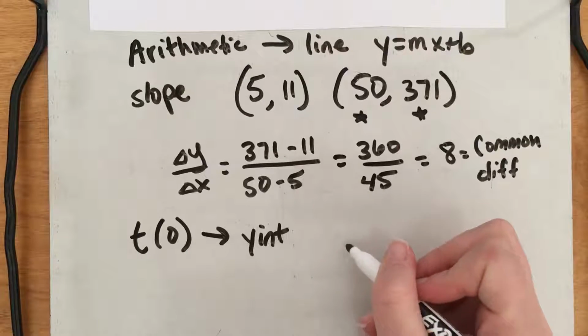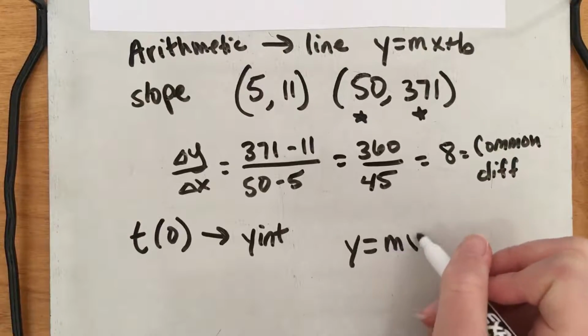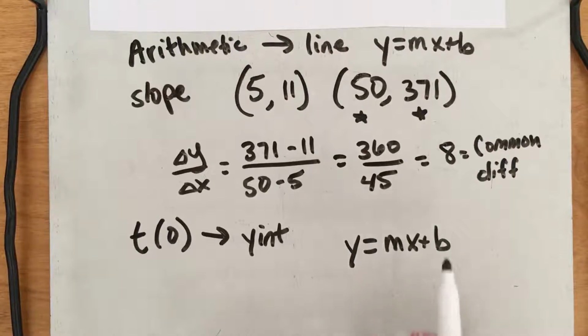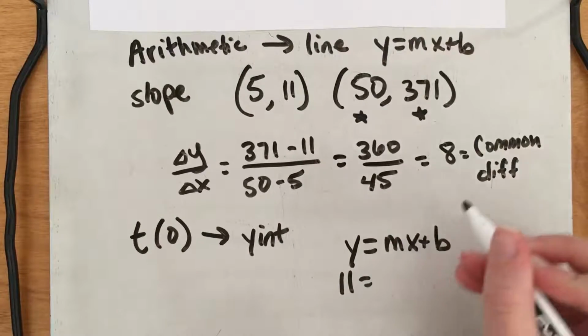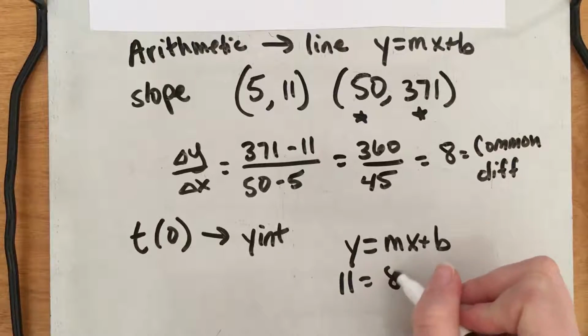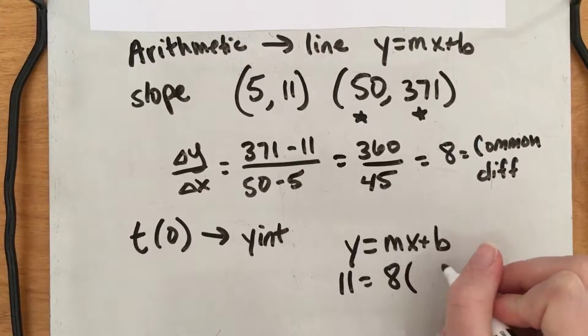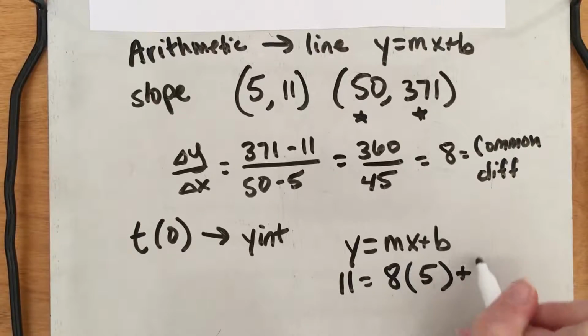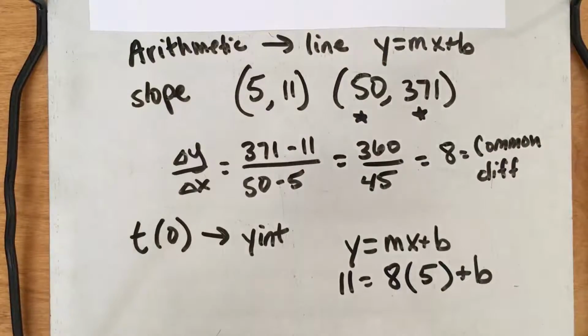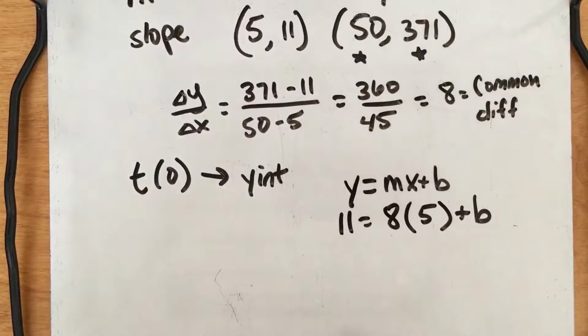Okay, so I'm going to replace my y equals mx plus b with the things I know. I know a y value of 11. The m is like my slope, which is like common difference, so 8 is going to go there, times my x value that went with the 11, which is a 5, plus this will be t of 0. All right, so I'm just going to solve this like a regular equation.